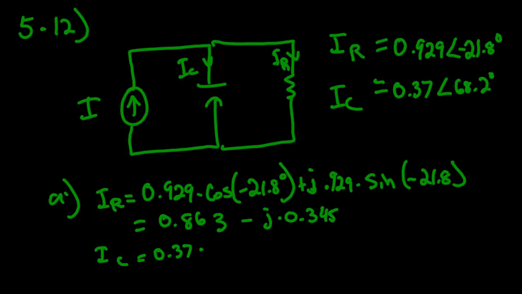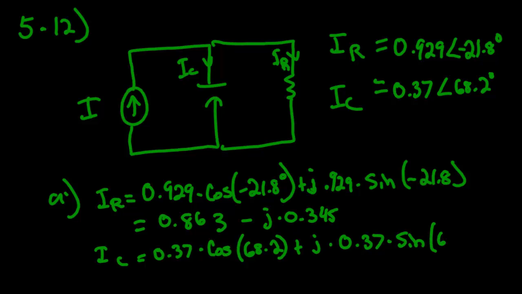Now IC, we do the same exact thing: 0.37 times the cosine of 68.2, plus J times 0.37 times the sine of 68.2. This gives us 0.137 plus J times 0.344.